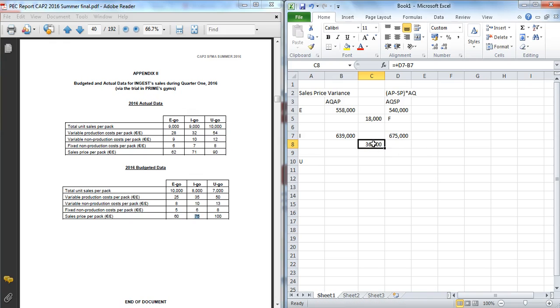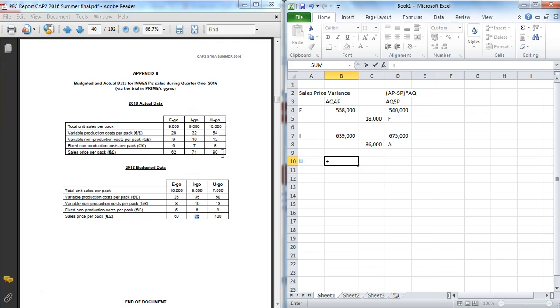Now the question is, is it adverse or favourable? Well, I'm looking at price. I sold it at 71, and my budget was for 75. So that's adverse. So it's just as simple as writing adverse there. I always tell students to do something like that, because if you get messed up with negative and positive figures, you may interpret them incorrectly. Whereas if you think about what you're actually looking at and comparing, it makes it a lot easier to interpret whether it's an adverse or favourable variance.